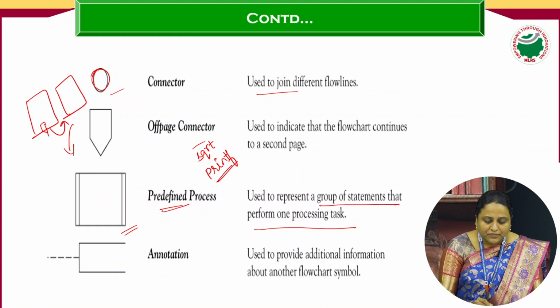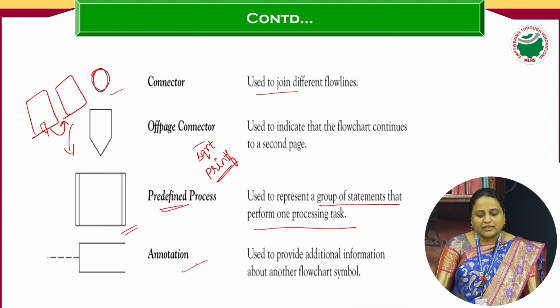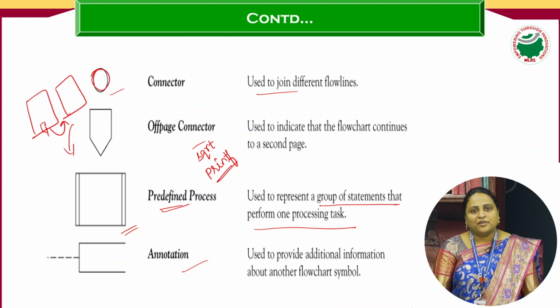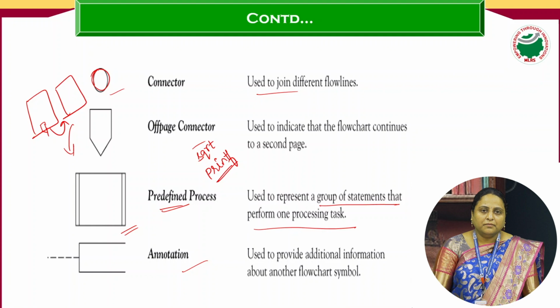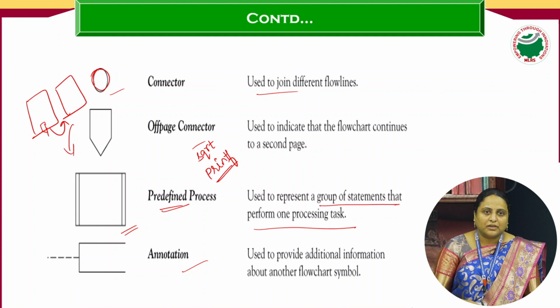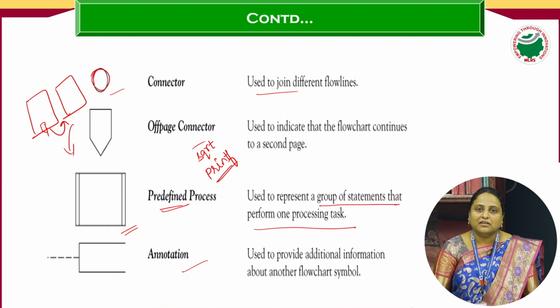And next one is annotation. Annotation is nothing but giving a comment for that symbol, additional information about the symbol. Whenever you write something in a program or in a flowchart, you can give some comments there. Comments will not be executed, and they help other persons or the programmer to understand what has been written.